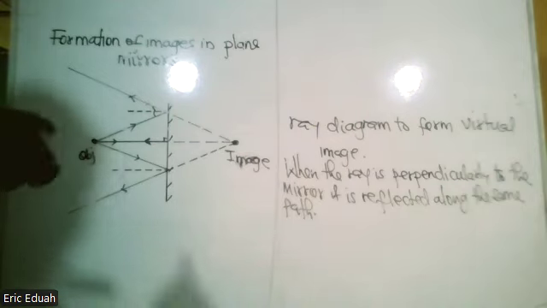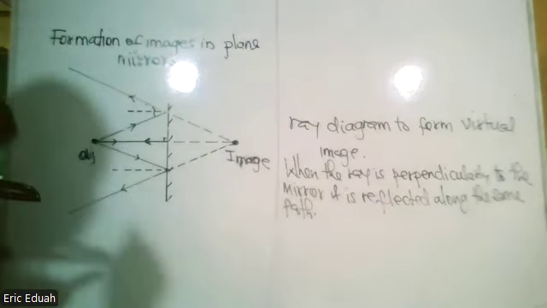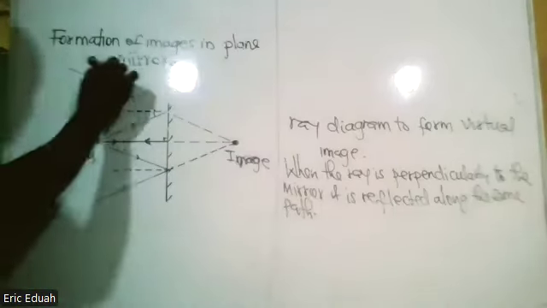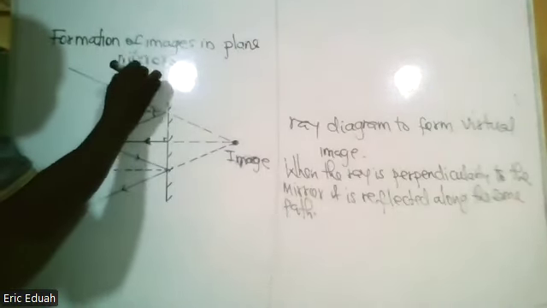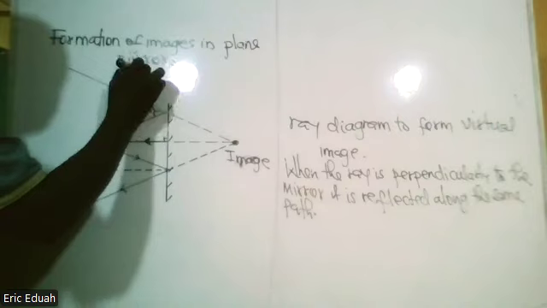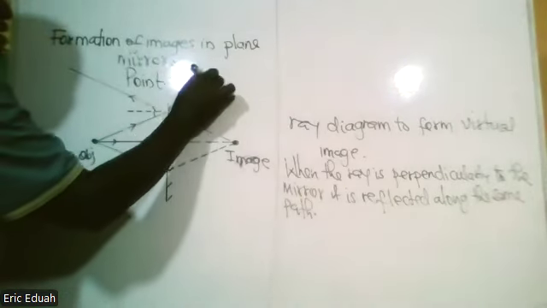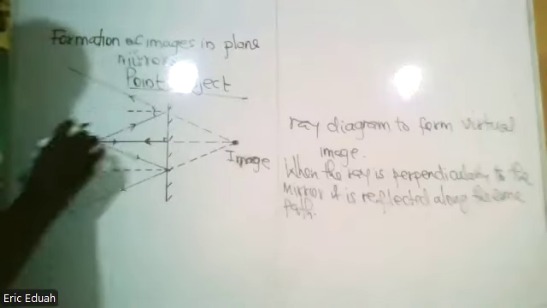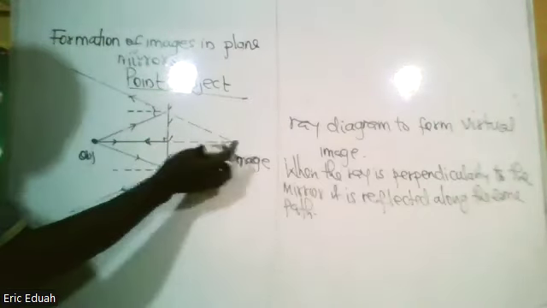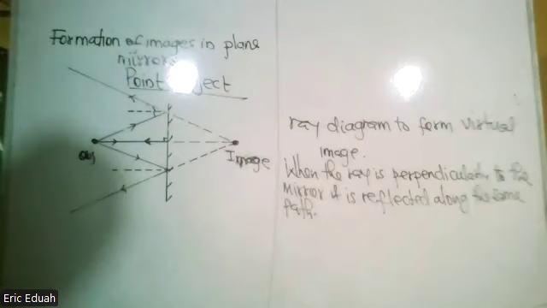So this is the image of a point object. The object looks like a dot or point. This is how it will be formed.